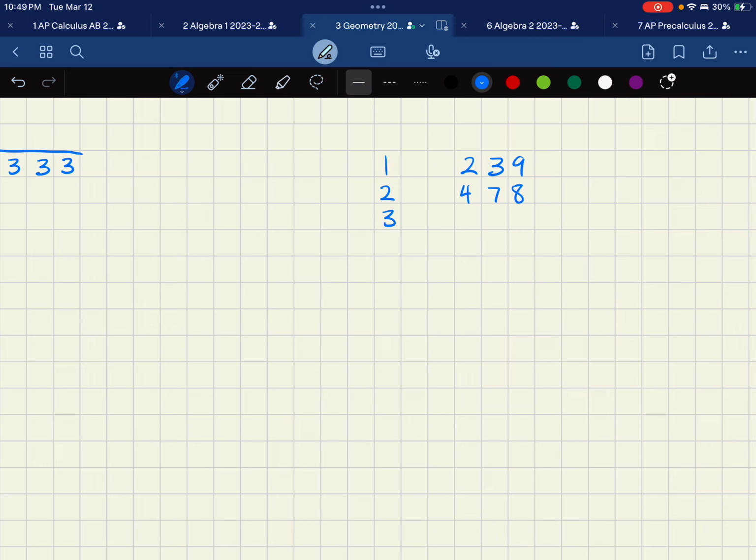If I multiply by 3, if I just add another 239 to that, that's going to be 717. Okay, if I multiply by 4, I add another 239 to that. That's going to be 956. Okay. I'm just going to keep adding 239 to make my new times table here.